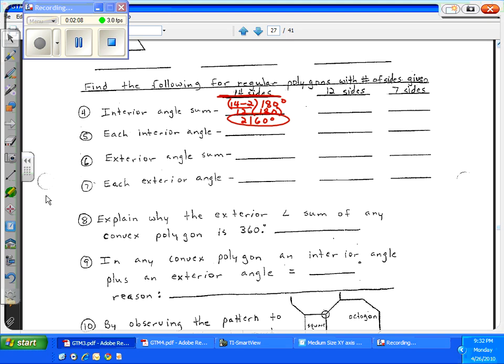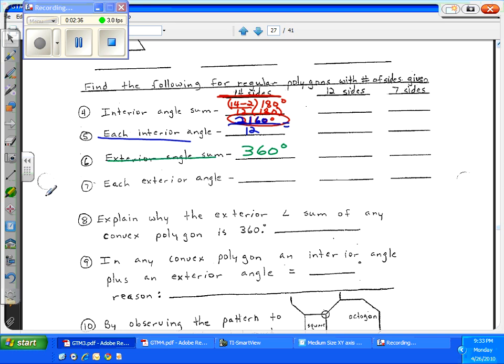If you wanted to find each one, you would take that answer divided by the number of them, 14, and that would tell you each one, right? 2160 degrees divided by 14 would tell you each interior angle. The exterior angle sum is 360 degrees no matter how many sides it has.